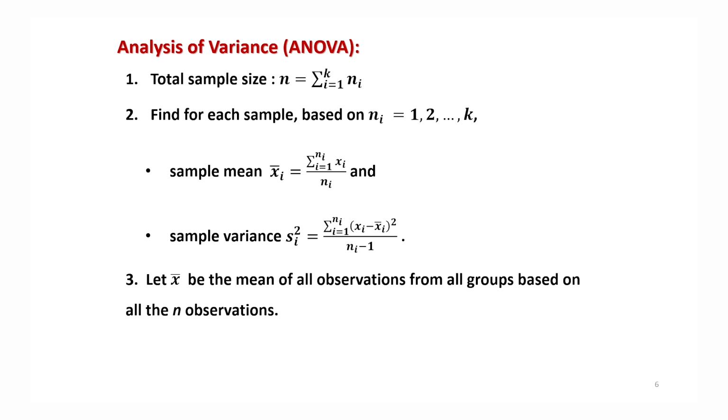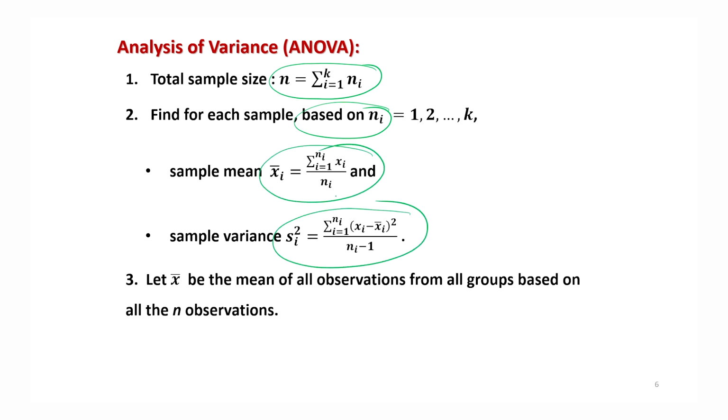So we would like to find out the total sample size. Total sample size is the total of n1, n2, up to nk, that is n1 plus n2 plus up to nk. And then for each sample, based on sample size ni, we need to find out the sample mean x bar i and sample variance si square by these expressions.